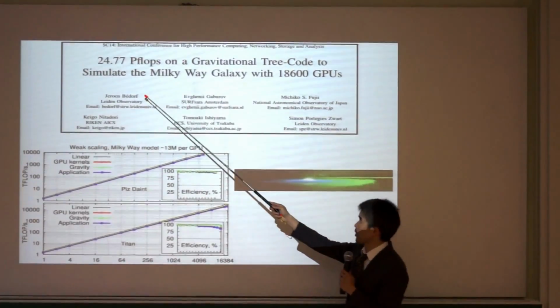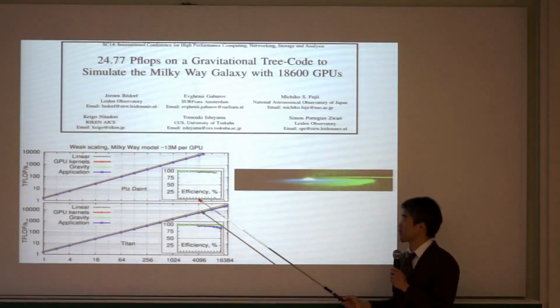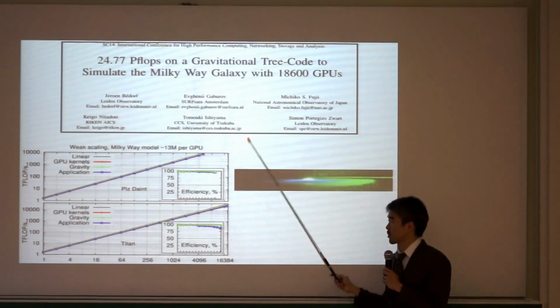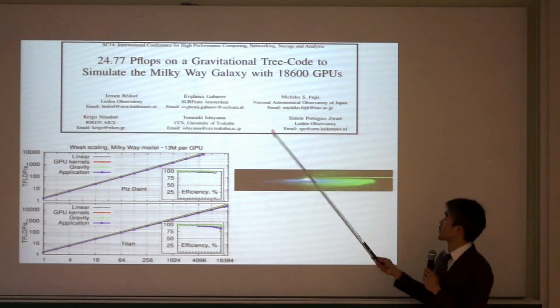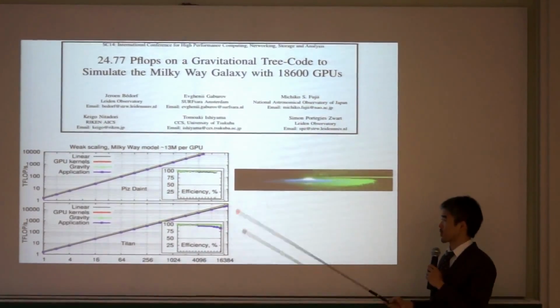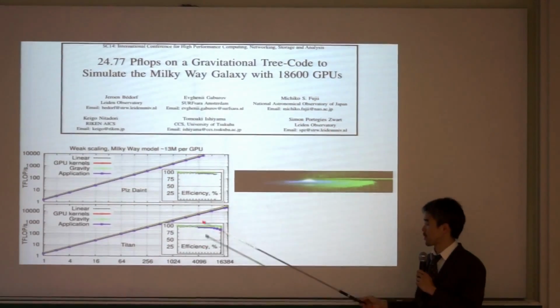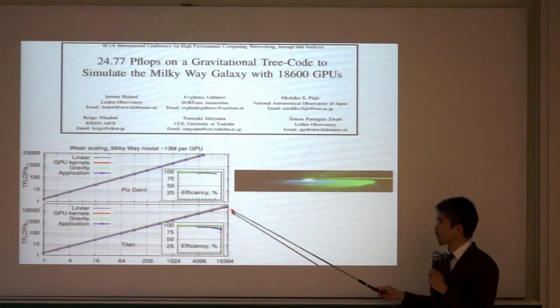And it achieved 24.77 petaflops of mixed precision arithmetic. This shows that these types of fast multipole methods or tree codes are very good for scaling, very good on GPUs, and work on these future-looking architectures.